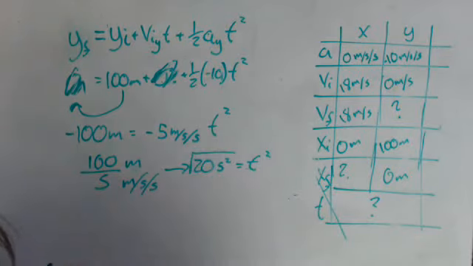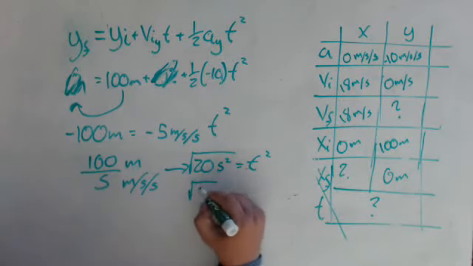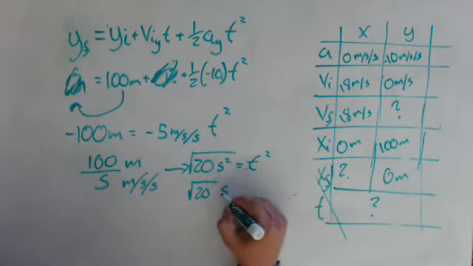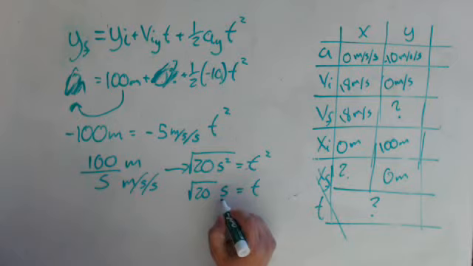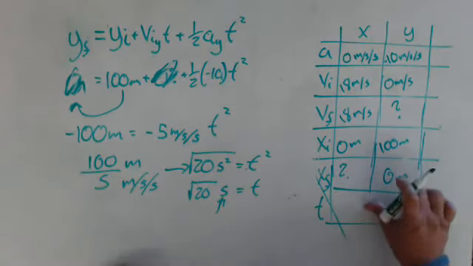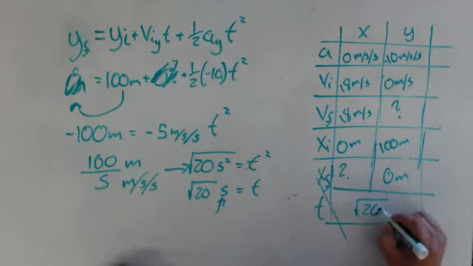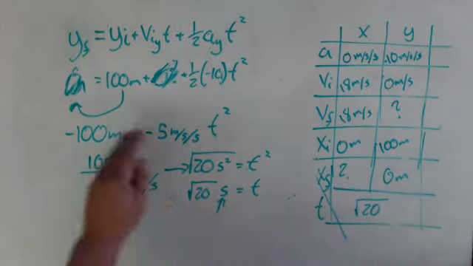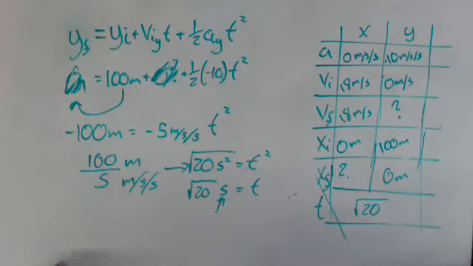Take the square root, and I'm left with the square root of 20 seconds equals t. Now, s stands for seconds, obviously. So that means my time is going to be the square root of 20. That's the amount of time it takes for the coconut to drop and hit the ground.